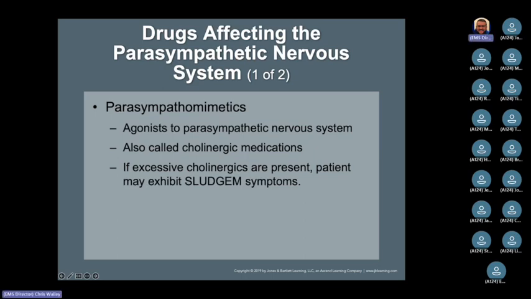Knowing SLUDGE symptoms and what it all means is going to be very important the more we go into the field, and knowing what's in your particular environment. If you work in an area that has fertilizer factories or insecticide manufacturers, they're going to have these antidotes on site for their crew members.